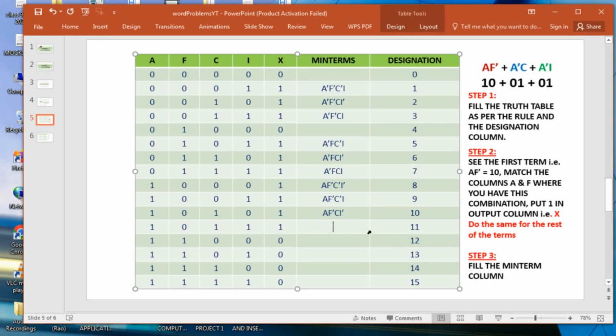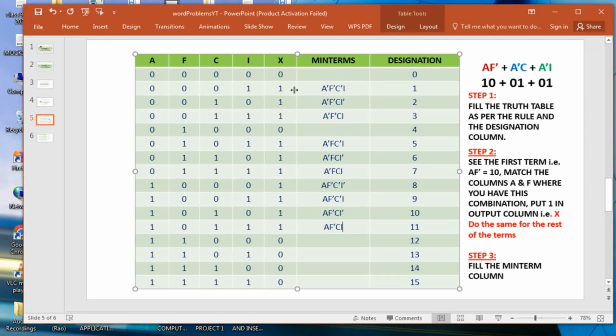Then here also you have to write what? A, that is normal, then F is complemented because it is 0, and then 1, 1, that is C and I is normal, right?